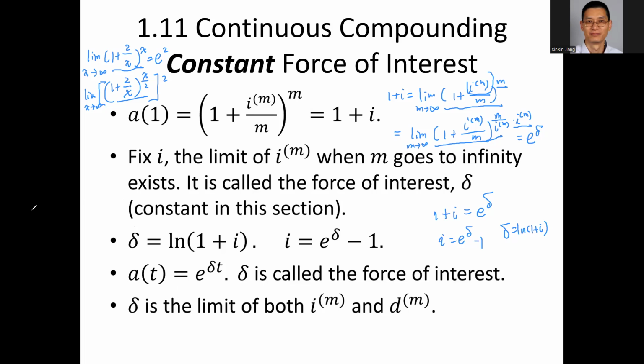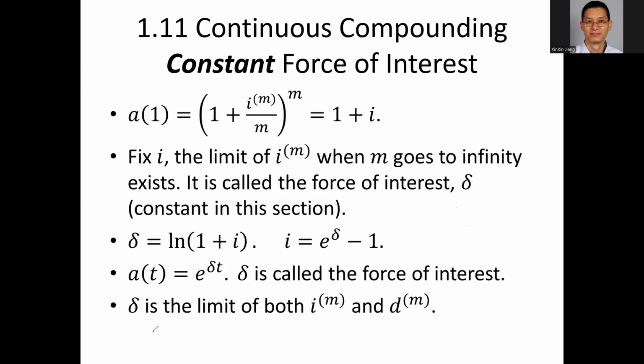You might have learned in high school a formula like P times e to the rt. If you put them together, it's like PERT. Pert was a brand of shampoo many years ago, but some people use this to memorize the formula.